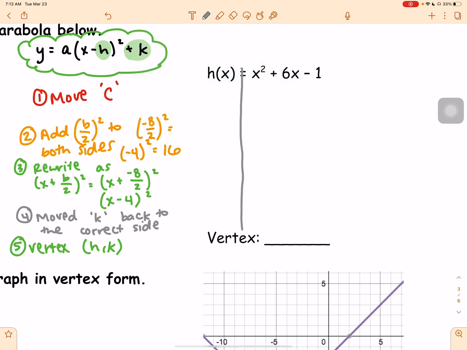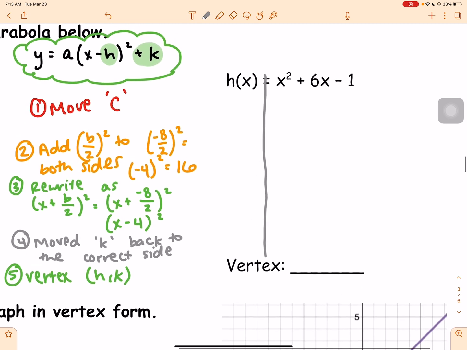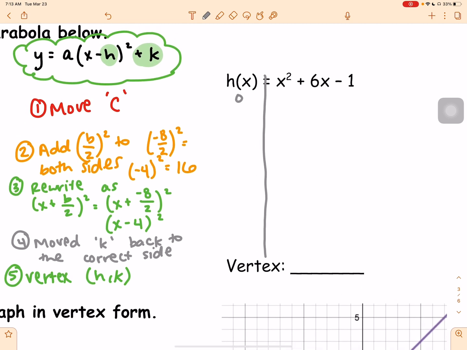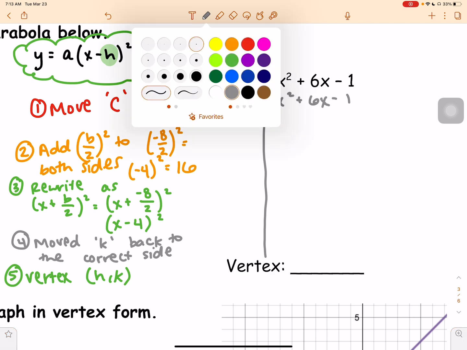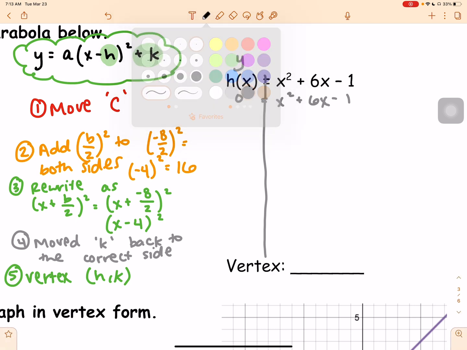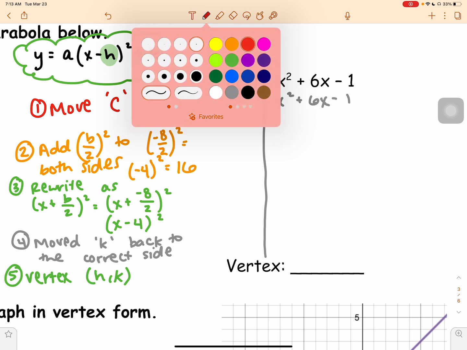So instead of h of x, I'm going to write that as a 0. Remember, h of x is just a function, they chose the letter h here. Usually f, g, h are the function letters. So this one is normally y. Okay? So here, the first step is to move the c.